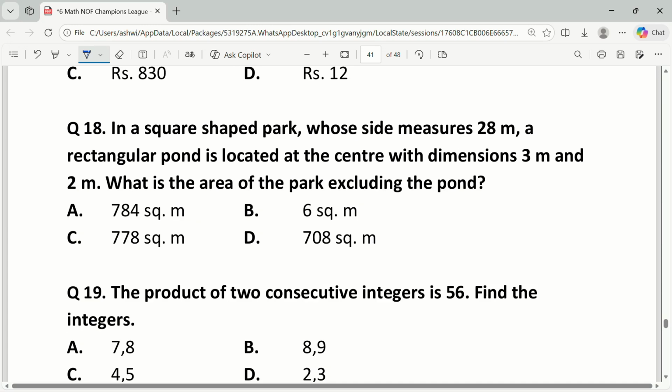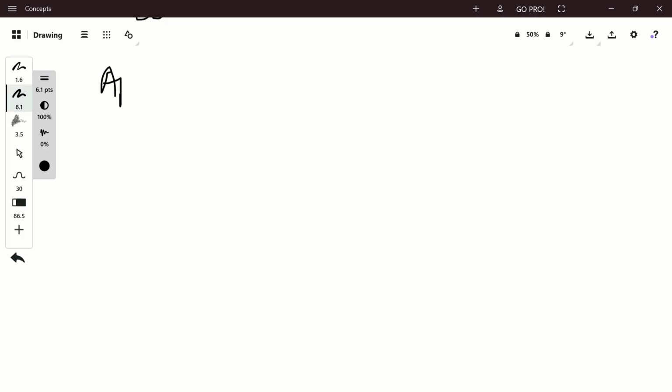Question 18. In a square-shaped park whose side measure 28 meter and a rectangular pond is located at the center with dimensions 3 meter and 2 meter, what is the area of the park excluding the pond?